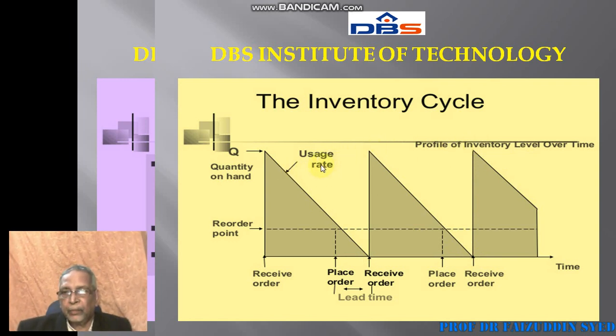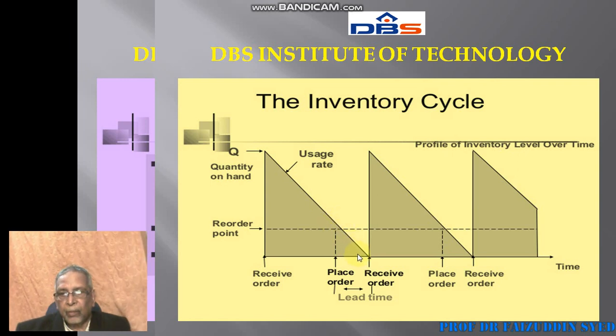So Q is on the top. We first order the material, this much quantity at Q. That is the top point of this triangle. We are using the material continuously every day. The material gets exhausted, and slowly it makes a slope.